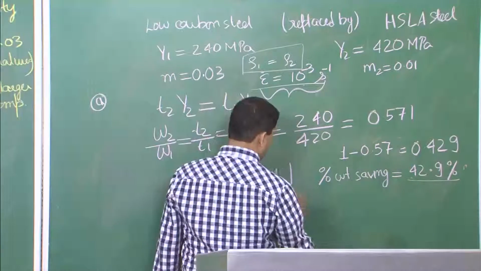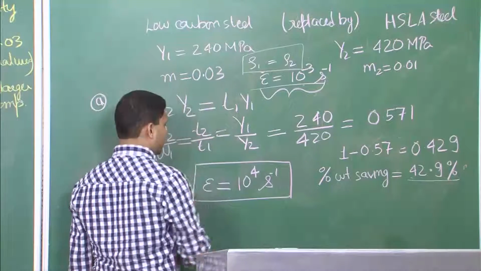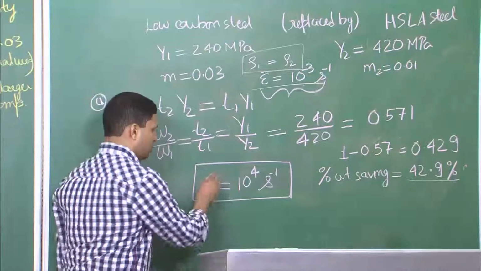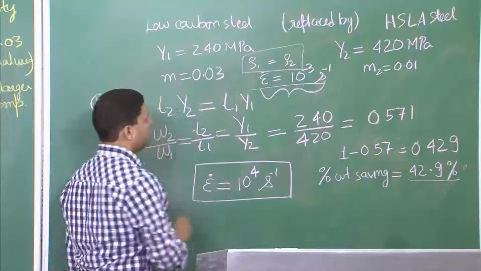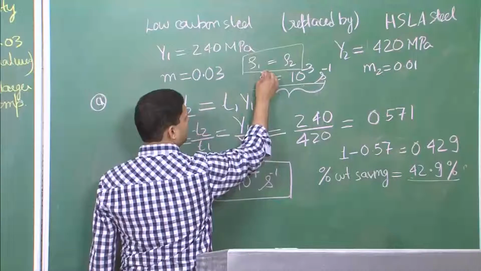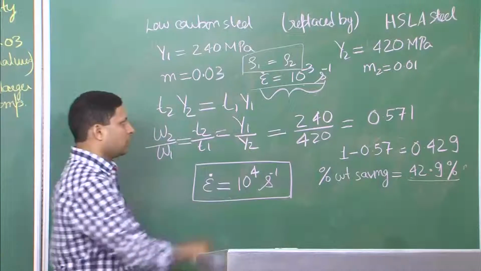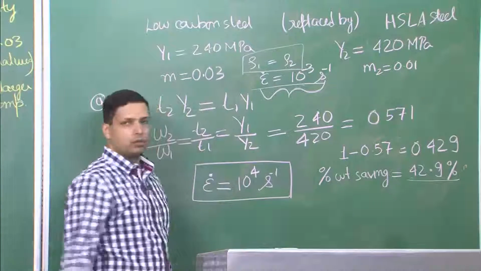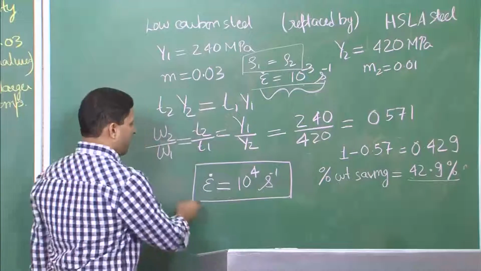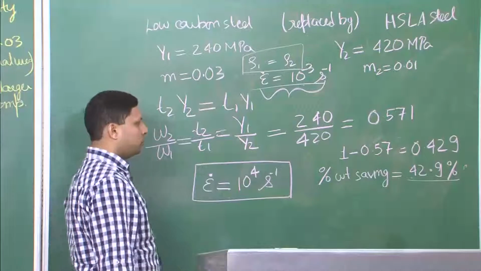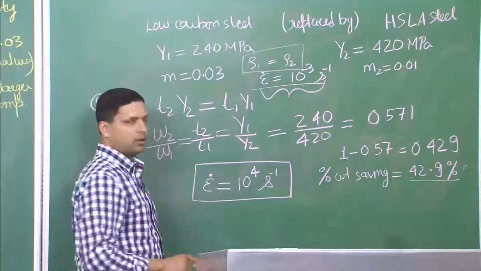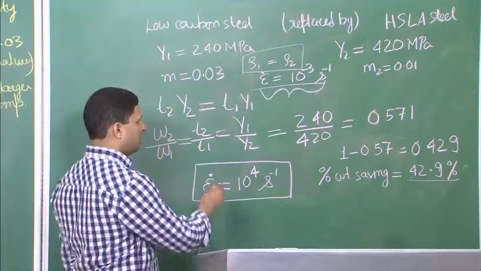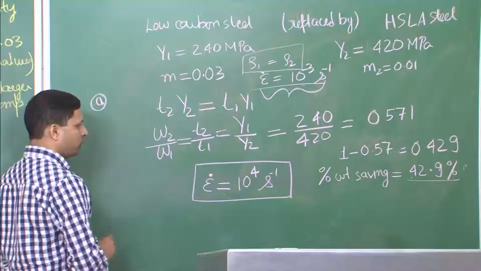Now, you will have to do this calculation assuming that the material deforms at a strain rate, sorry, this is not a strain, this is strain rate, just like here. So, you will have to do the calculation assuming that the strain rate is equal to 10 to the power 4, and I will leave it to you to try to solve this on your own, because the next step is again, like I said, just plug in the values and you would be able to get the answer.